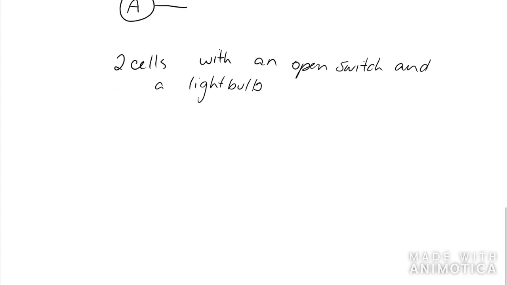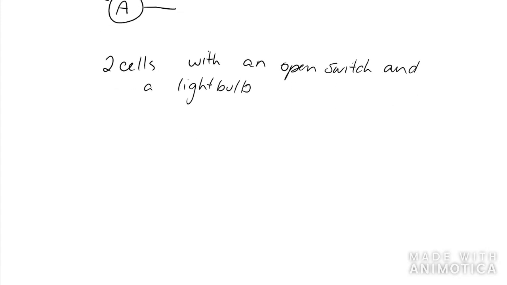We generally draw these with straight lines. You can do it a few different ways. You can draw your square first, or you can draw it as you go. If we have 2 cells, we're going to have one big line, one little, one big line, one little. An open switch. I like to make mine appear on different sides. This just allows me to have it more clear.